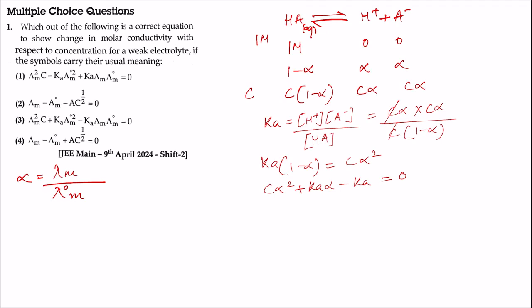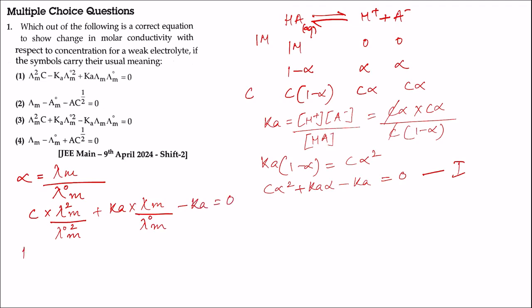Putting the value of alpha in this equation 1, the equation becomes C into lambda square m divided by lambda naught square m plus Ka into lambda m divided by lambda naught m minus Ka is equal to 0.